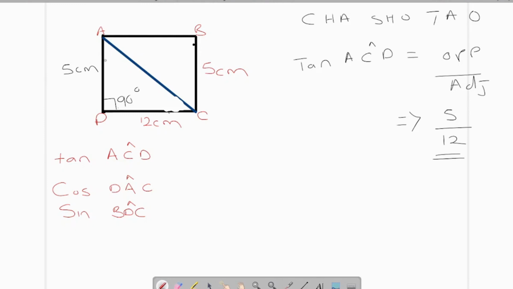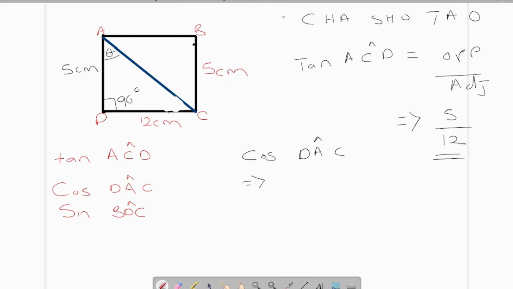They are changing totally. So cos DAC: our theta is at A, which means now our adjacent is 5 centimeters and the opposite is 12 centimeters, and this is our hypotenuse.